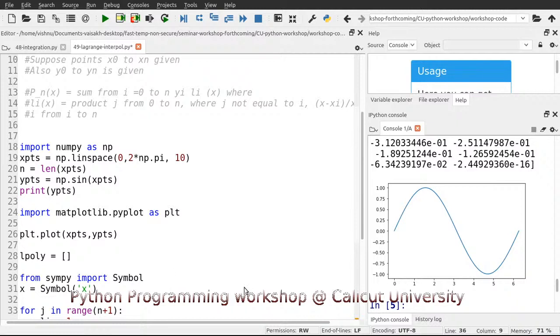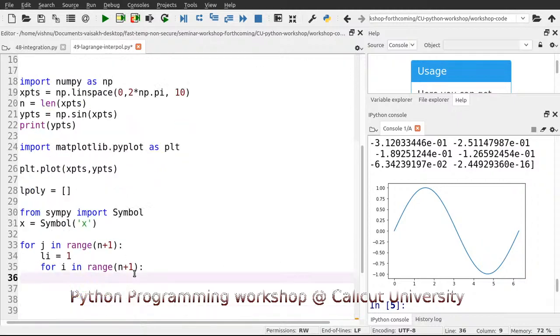If you are creating Li(x), the i should have been on the top, not here. j we should take here. What is next we have to do? We have to multiply with Li.